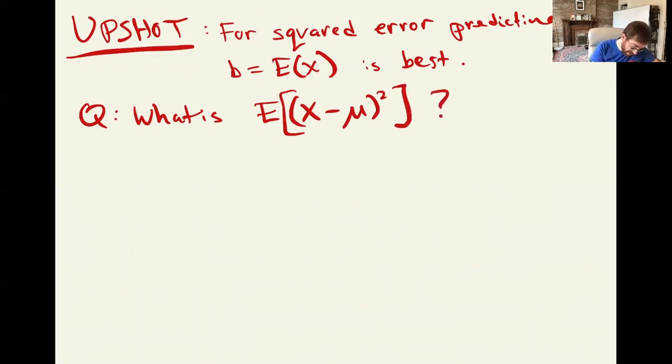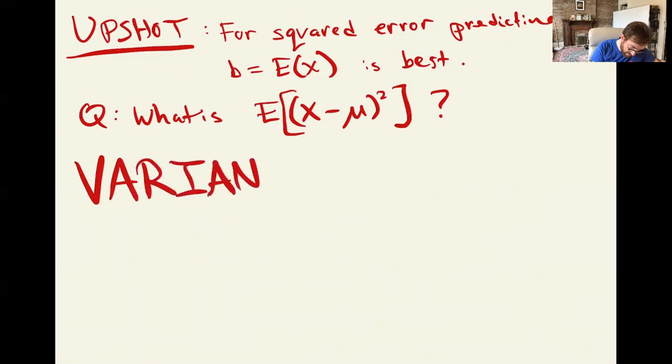Well, it turns out that this is exactly the notion of variance. And the closely related concept where we take this value and then take the square root of it is the standard deviation.